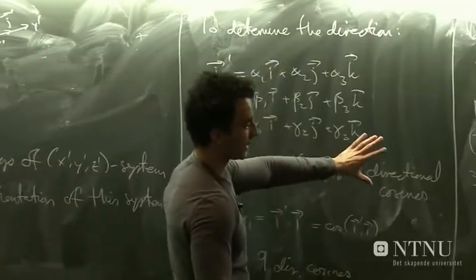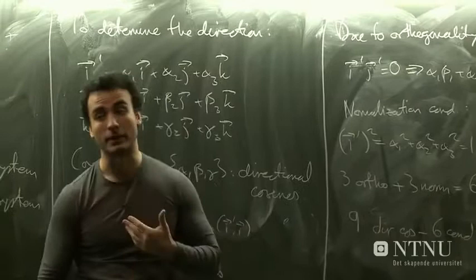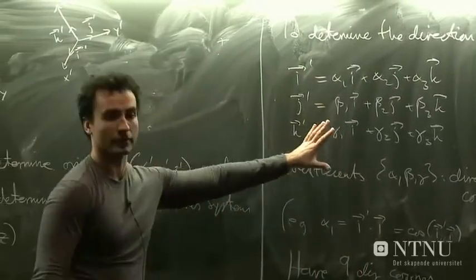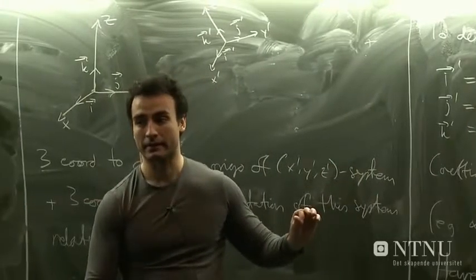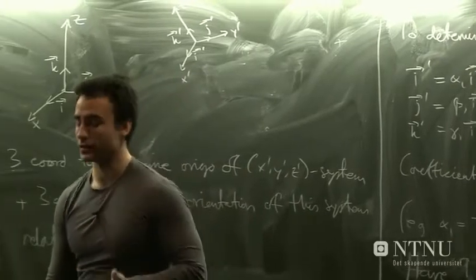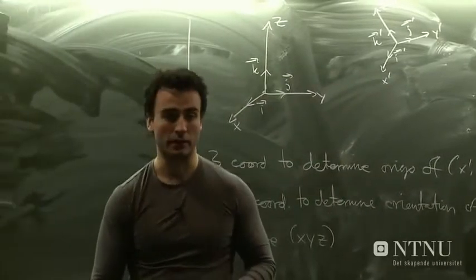We just showed that they're in fact related through these 6 orthogonality and normalization conditions. However, we can construct 3 independent coordinates from these, and these we should be able to use as generalized coordinates.